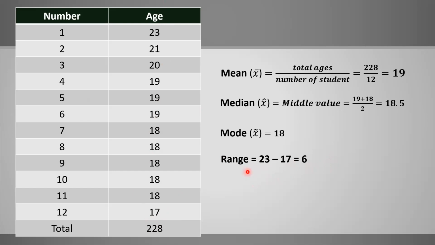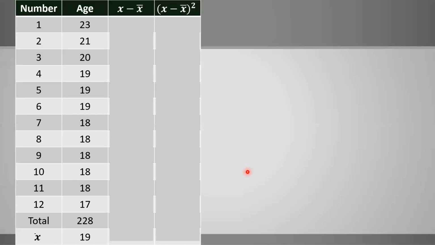Now, to get the more accurate measurement of variability, we will get the value of the standard deviation. But first, we must get the variance. And to get the variance, we have to add another column for our data. So the first column I added is the difference of each sample from the mean. So our mean is 19 as we have computed from the previous slide.